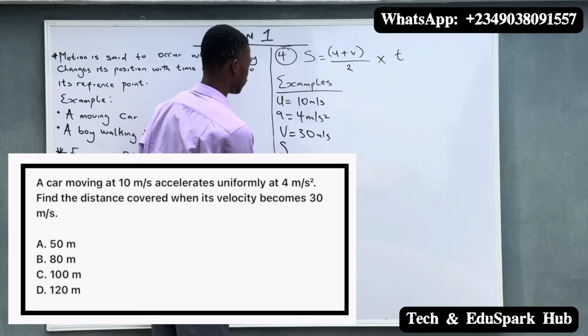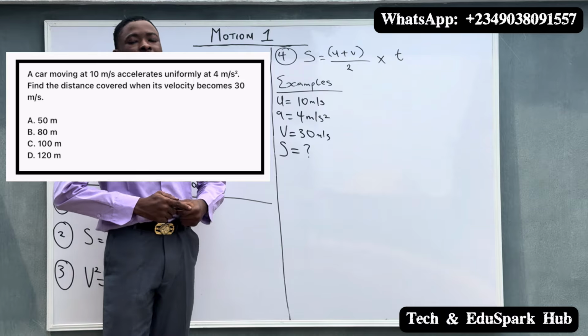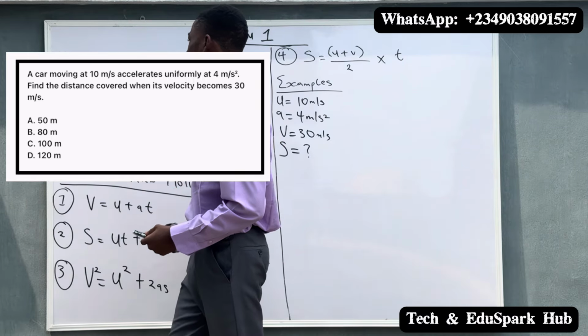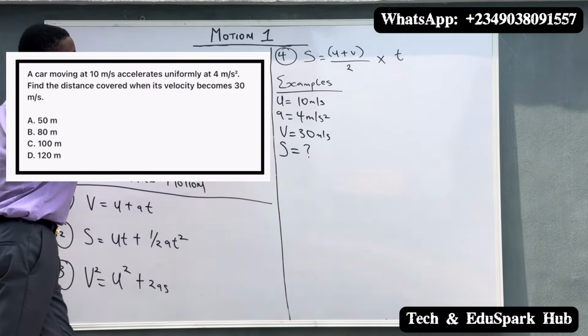And the question is asking us to find the distance covered at this velocity. So which formula do you think is suitable among our 4 equations of motion? We have our first formula, which is v equals u plus at. We cannot use that because it does not have any distance, and we are asked to calculate the distance. So we can see there is distance here, here, and here.